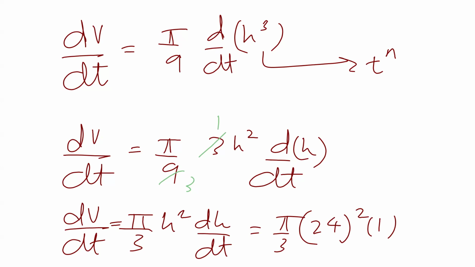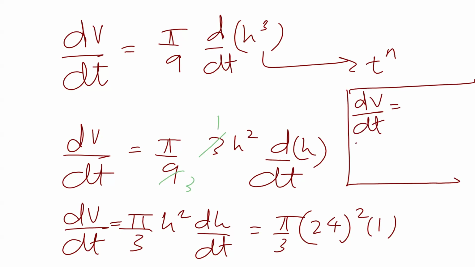So 24 square upon 3 gives 192. The final answer is dv by dt equal to 192 pi. It's volume, so cubic centimeter per second.